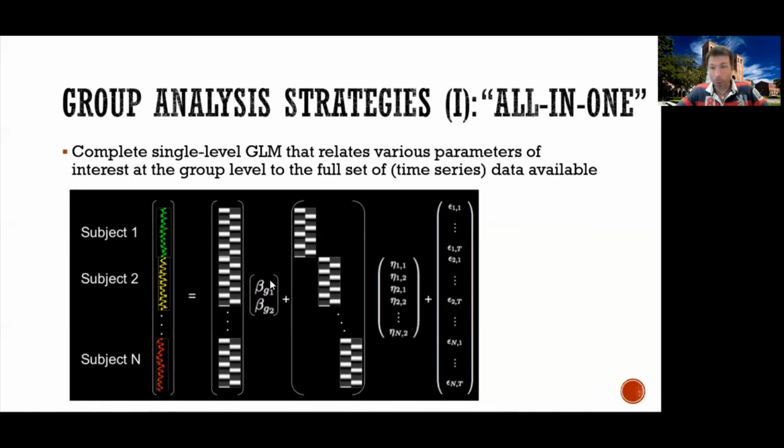Now, the problem, of course, is that this is computationally massive. If you think of it, why, right? So the time series, I mean, we're talking about some hundreds of TRs for some 20 plus participants, although today even hundreds sometimes.